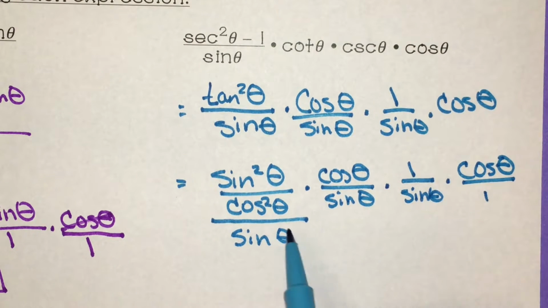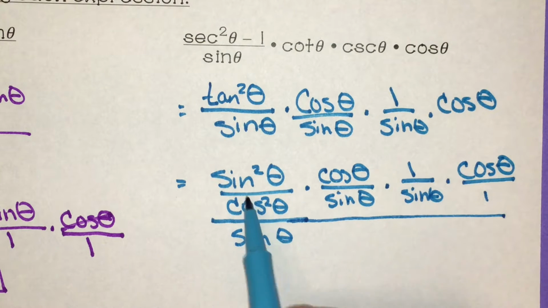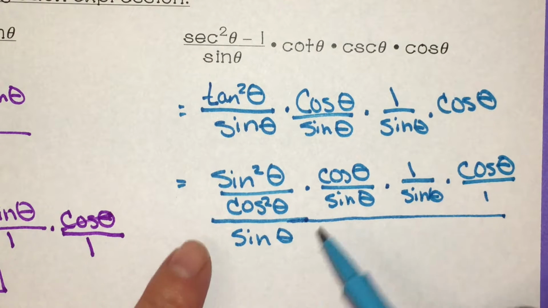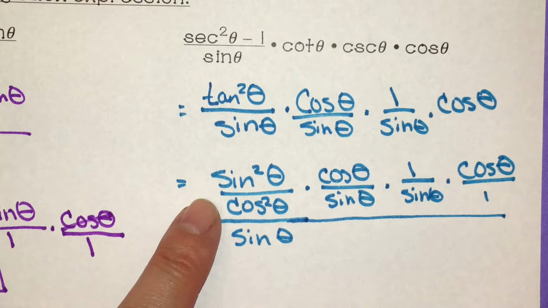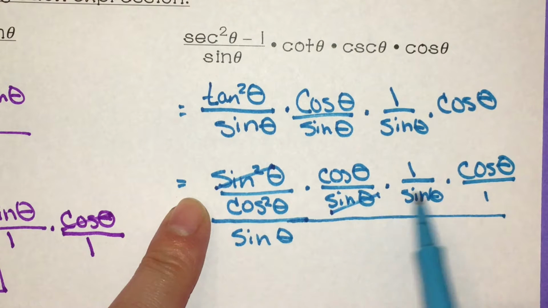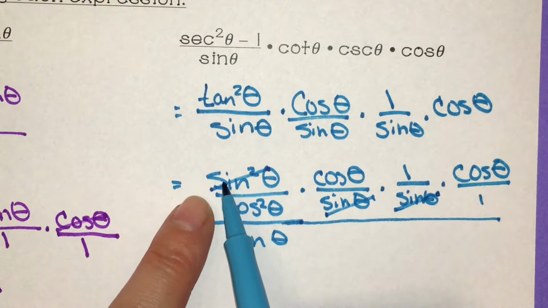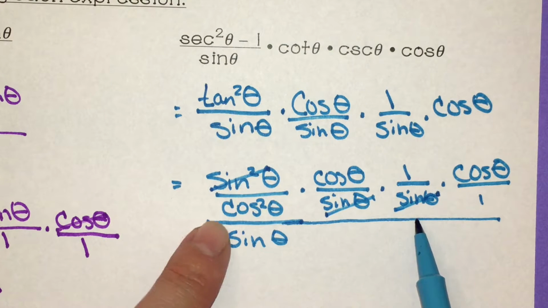So I'm just going to deal with anything that I can on the top and bottom first. Okay? So here I know that on top, sine squared theta is just sine times sine, which I have a sine times sine on bottom. So those actually cancel each other out, because one of the sines on top and bottom cancel each other out, the other sines on top and bottom.